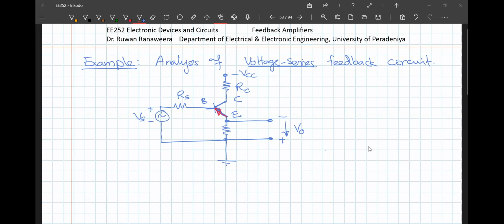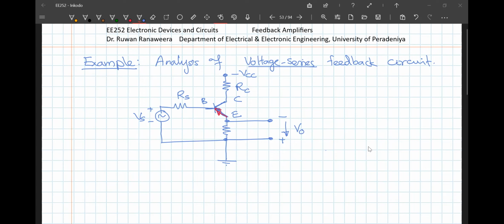We have a voltage amplifier. So we know what it is. Output is a voltage, input is a voltage. So what kind of sampling should I use? Series sampling or shunt sampling? Output should be sampled in series or shunt. Since it's a voltage, it's a shunt, right? You use kind of like a voltmeter, so you connect it in shunt, in parallel.